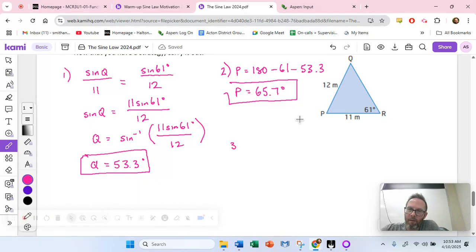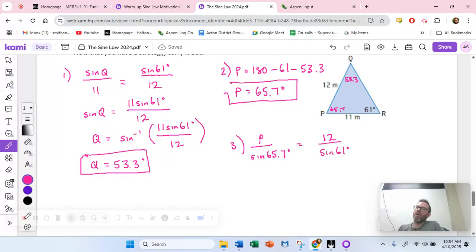And then lastly, we just need side P using the sine law. Equals our side angle pair, 12 over sine 61.